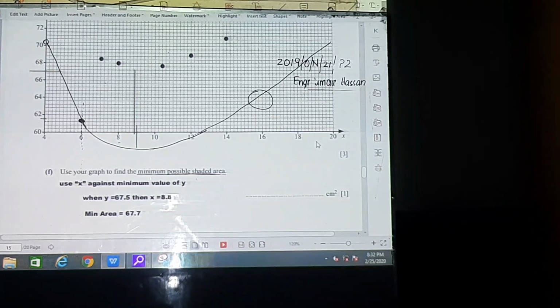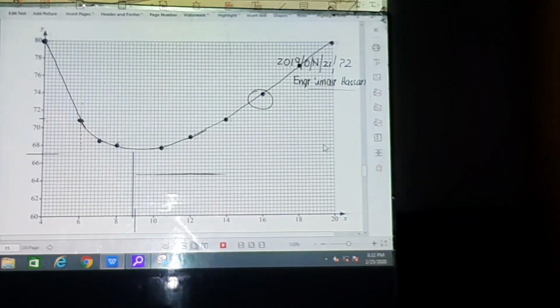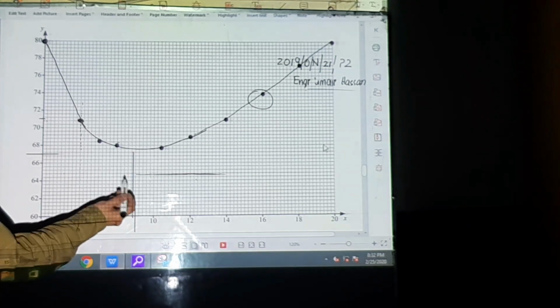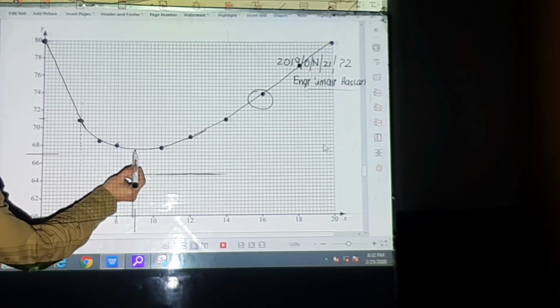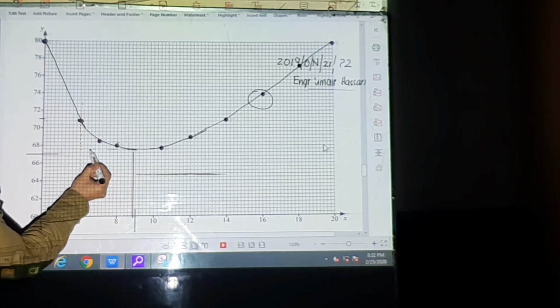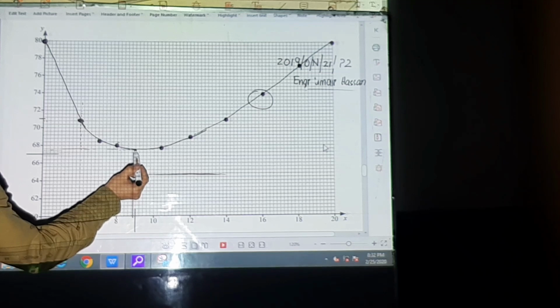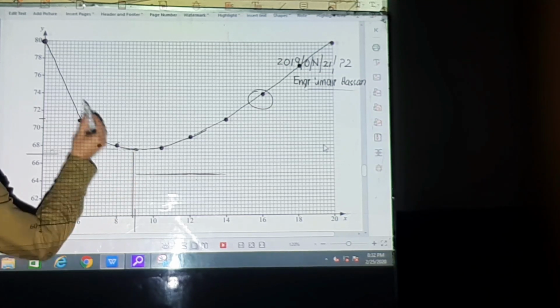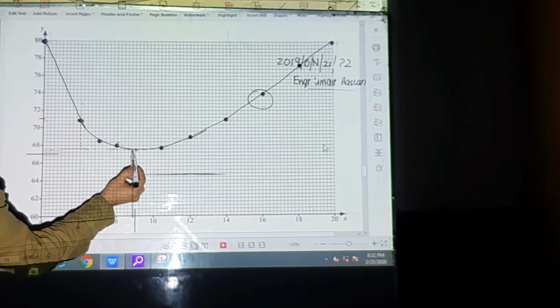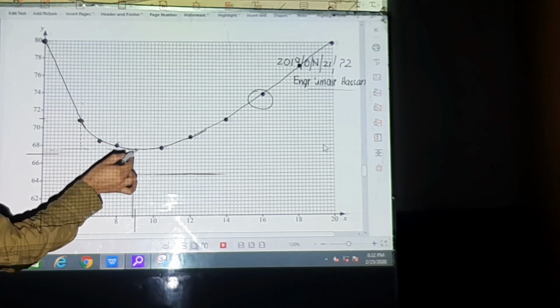Going back to the curve, this was our curve. The minimum point is this one, where y is minimum. At this minimum point on the graph, find the value of x.